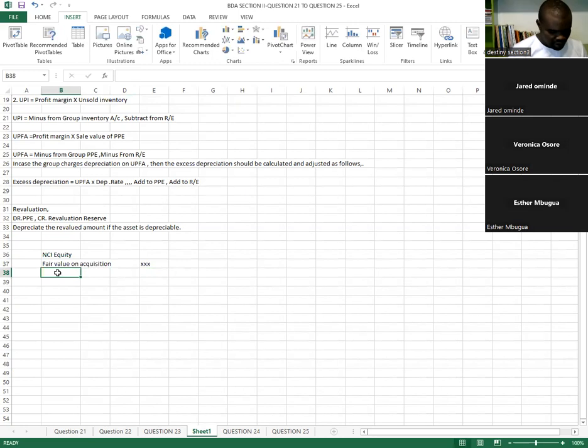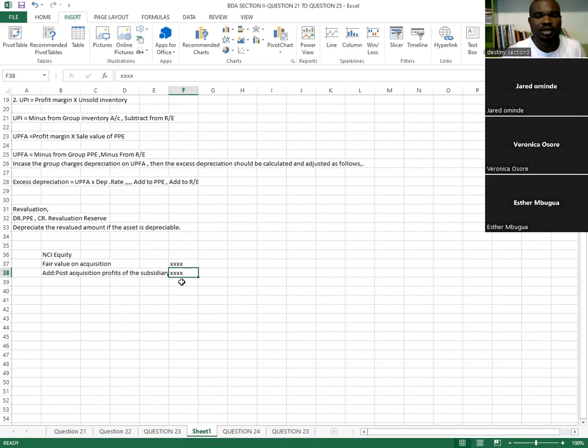Then you add post-acquisition profits of the subsidiary. So the profit the subsidiary made after acquisition, you'll give minority their share.